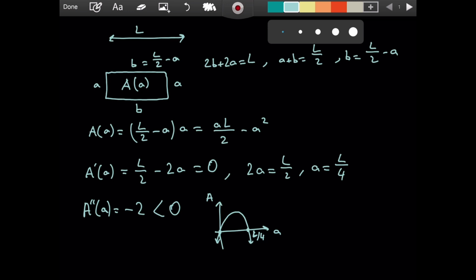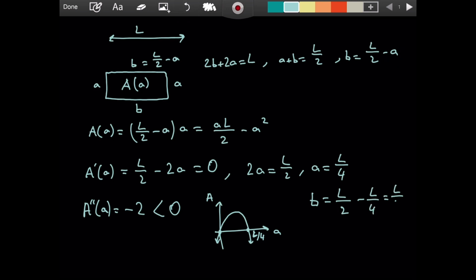It is a square because B is L over 2 minus A, so with A equal to L over 4, B is L over 4 too. A and B are the same, so we should construct a square for the maximum area for a length of L. So each side is going to be L over 4 in this square.